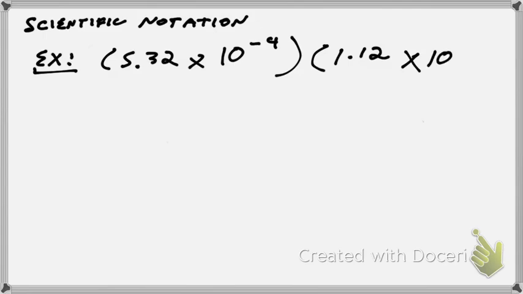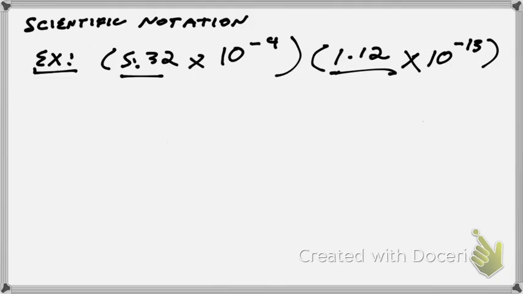The first thing that I always check whenever I'm multiplying is to see if the mantissas have the same decimal place. The 5 is in the ones and the 1 is in the ones.